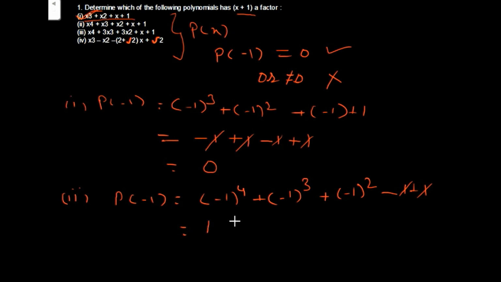So here we got 1, here we got minus 1, and minus 1 square is plus 1. So what will be P of minus 1? P of minus 1 in this case is equal to 1, which is not equal to 0. So in the second case, x plus 1 is not a factor of this polynomial. So we have checked two cases. Similarly, it can be checked for case number 3 and case number 4 as well, in the same way by finding the value of P of minus 1.